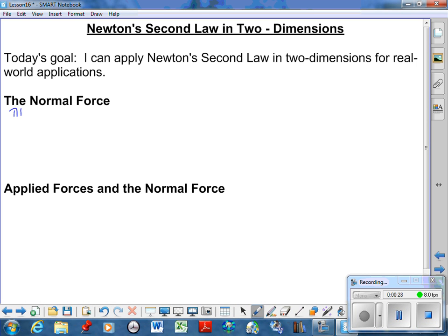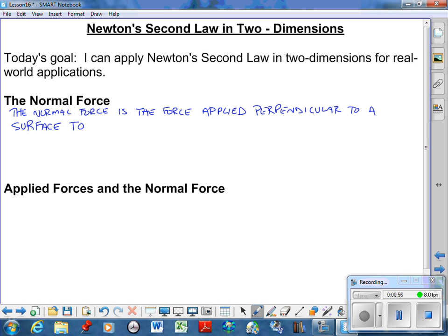So normal force is the force applied perpendicular to a surface to balance Fg. Okay, so the normal force is the force applied perpendicular to a surface to balance Fg.